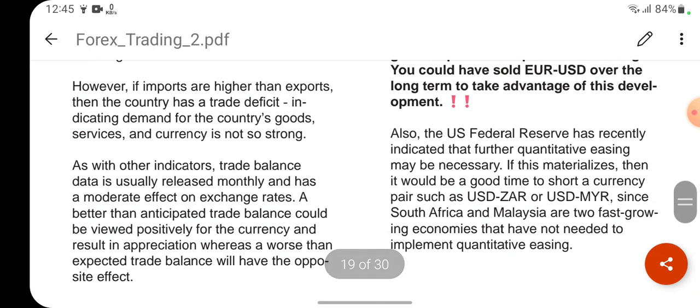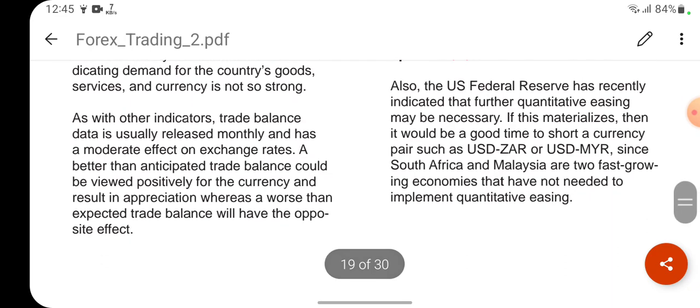As with other indicators, trade balance data is usually released monthly and has a moderate effect on exchange rates. A better than anticipated trade balance could be viewed positively for the currency and result in appreciation, whereas a worse than expected trade balance will have the opposite effect.